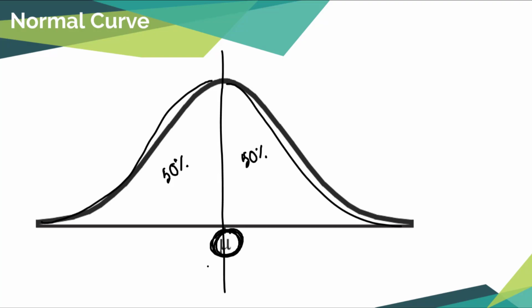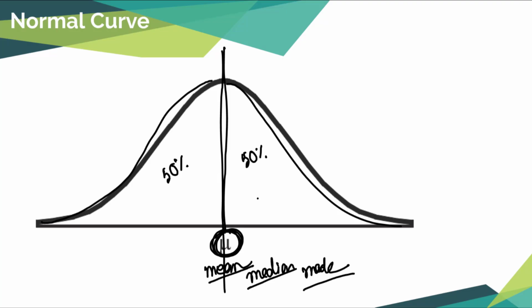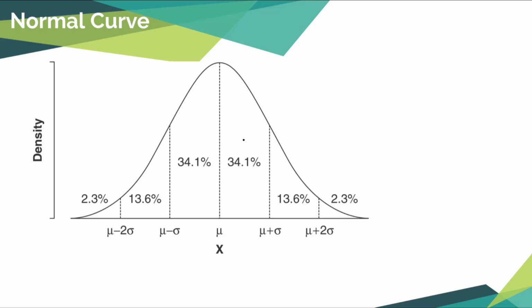And at this middle point, you will get the value of mean, median and mode. So the curve is equally divided into two parts by the value of mean, median, mode, right? And they are symmetric, bell shape. So this is called the normal curve.